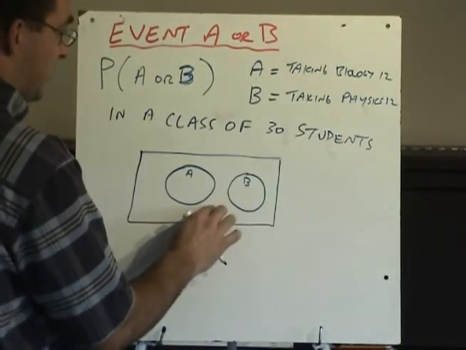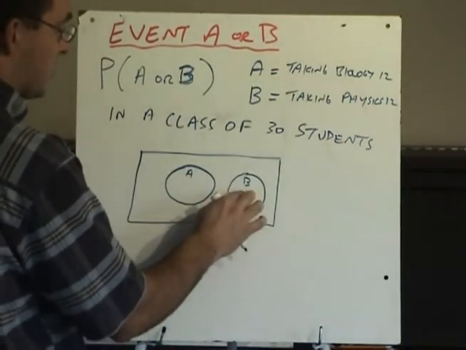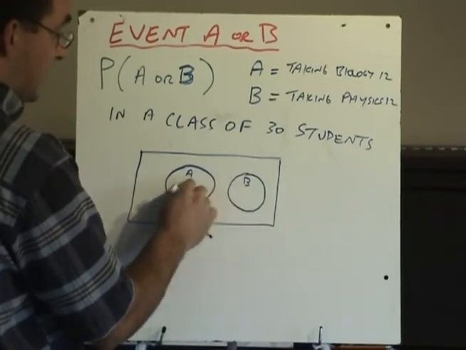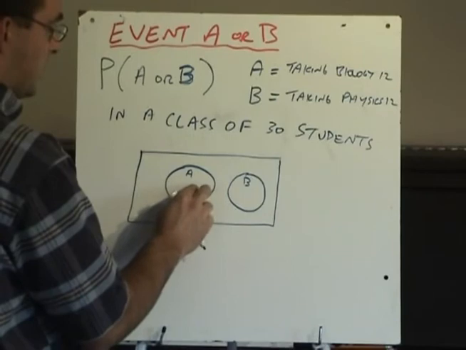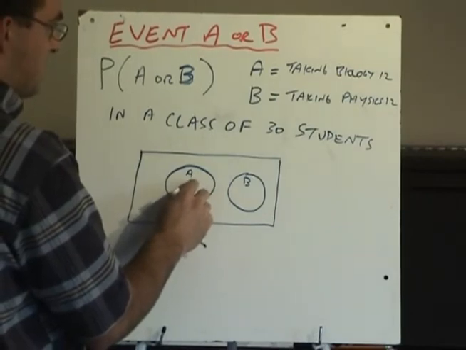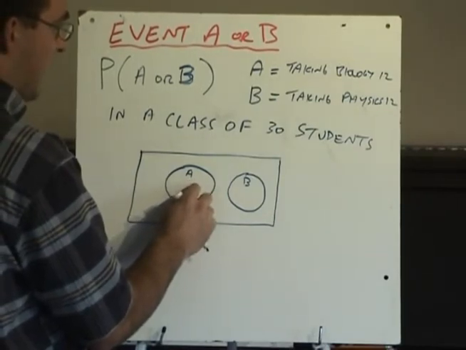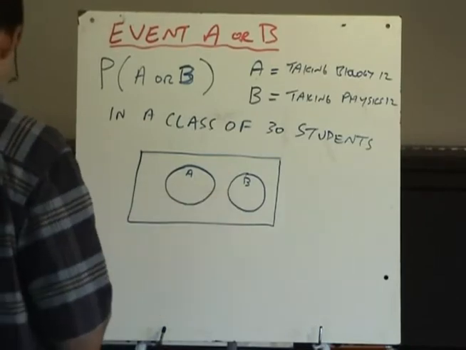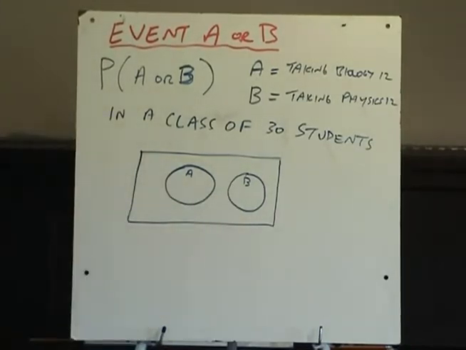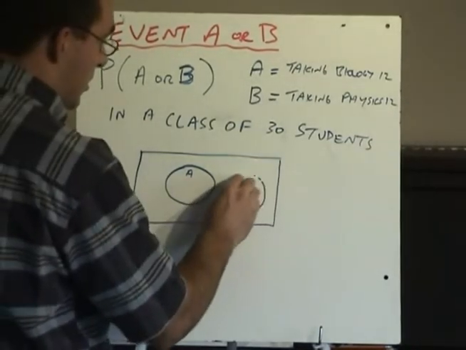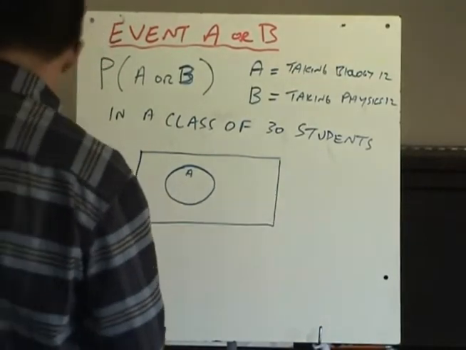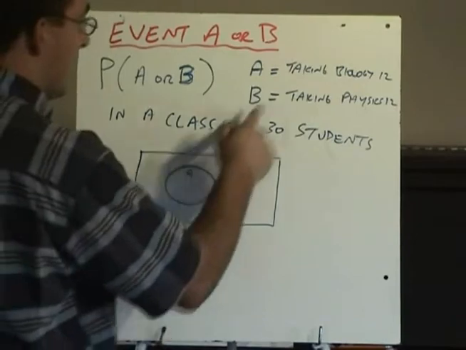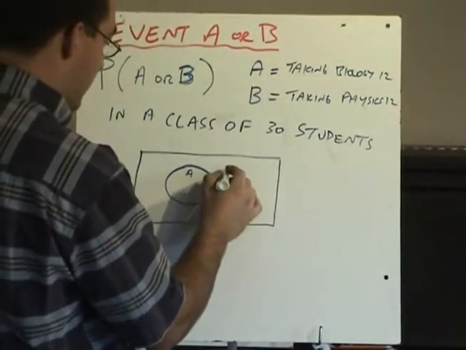Well, there'd be some people here who weren't taking biology 12 who would go stand here, but probably there'd be a few students in this circle saying, well, hold on here, I'm taking biology 12 and physics 12. So what we have is a situation here where these are no longer mutually exclusive. There are some people who are both in biology 12 and physics 12.